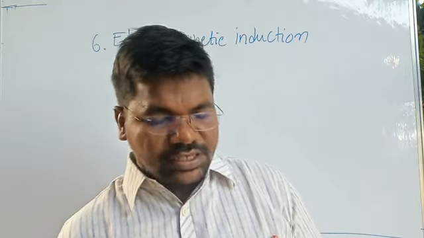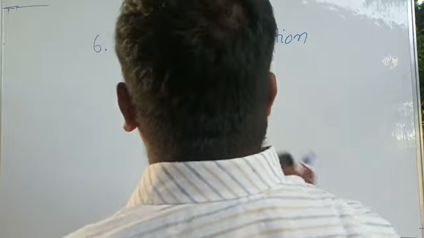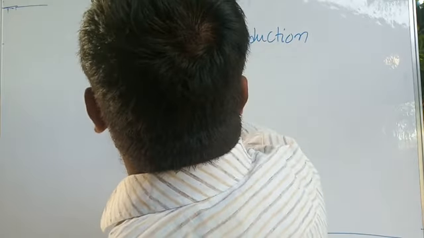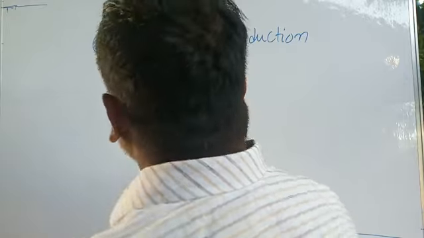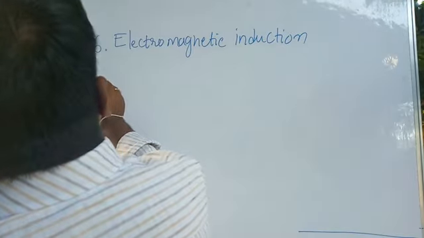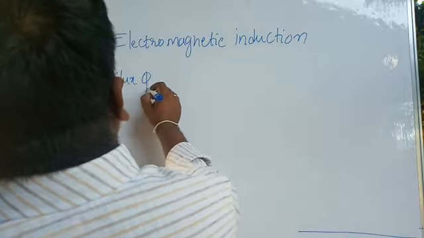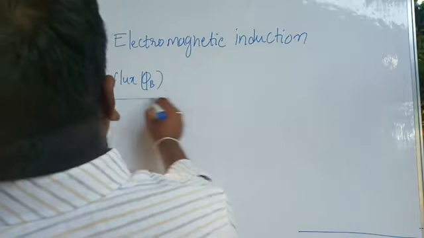Coming to the next topic, magnetic flux. Magnetic flux is denoted phi B, like electric flux.